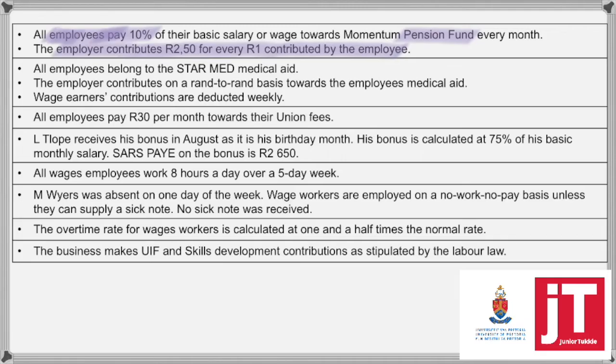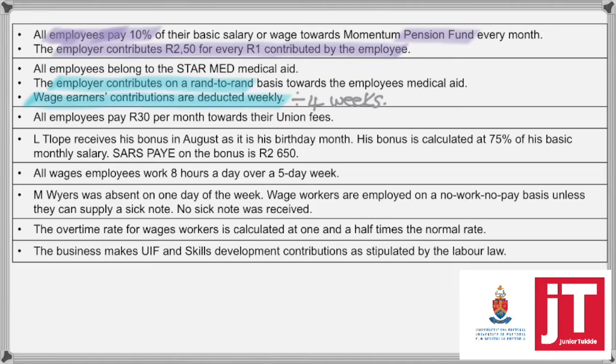So the deduction is 10%, and the contribution is 2.5 times that. Then all employees belong to Star Med Medical Aid. The employer contributes on a rand-to-rand basis, and the wage earner's contribution is deducted weekly. So we're going to have to take their medical aid and divide by 4 because we want 1 week's worth.